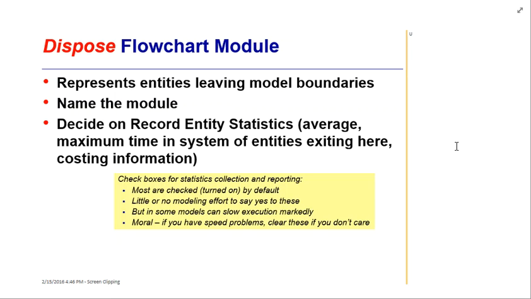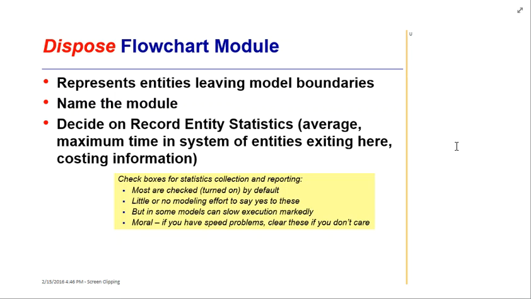The only real thing that you would look at or use this for is what statistics about the process do you want to collect. Typically you want to collect certainly the average time in the system, which is the time from entering through a Create module to exiting through a Dispose module. Number of entities exiting.